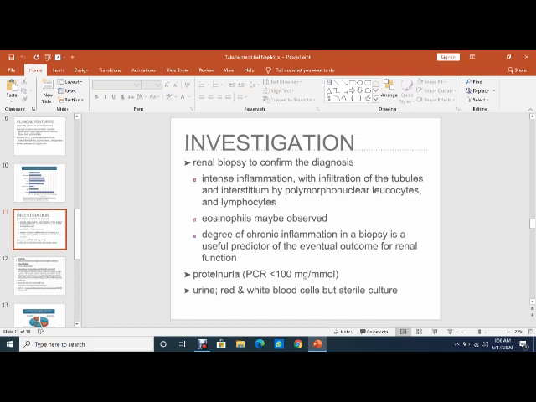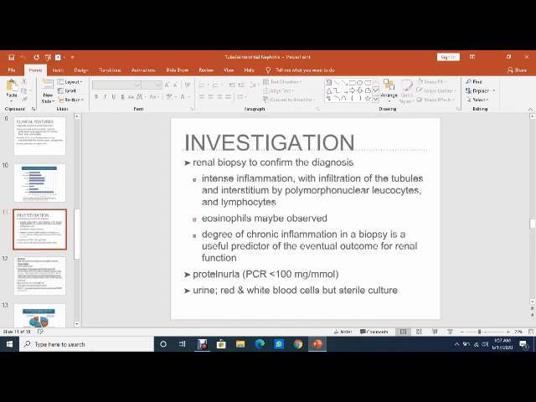So renal biopsy is performed to confirm the histological lesion, to predict the prognosis of the patient, and third, to make the management plan, because in acute disease there is a role of corticosteroid, and in chronic tubulointerstitial nephritis there is no role of corticosteroids.